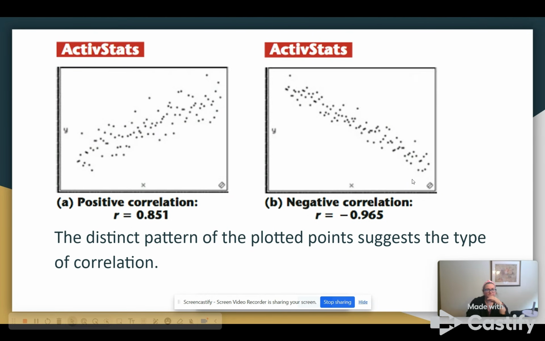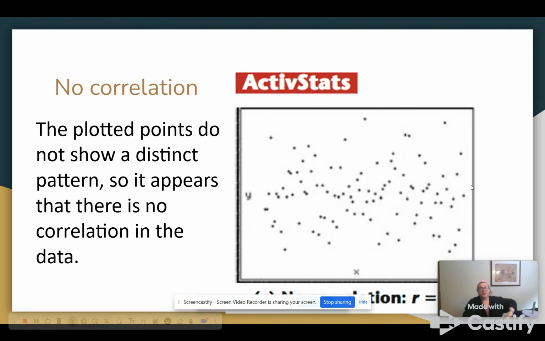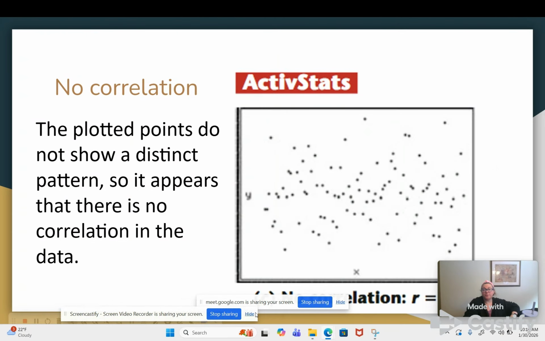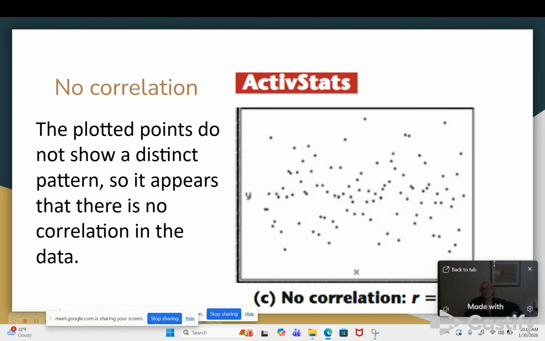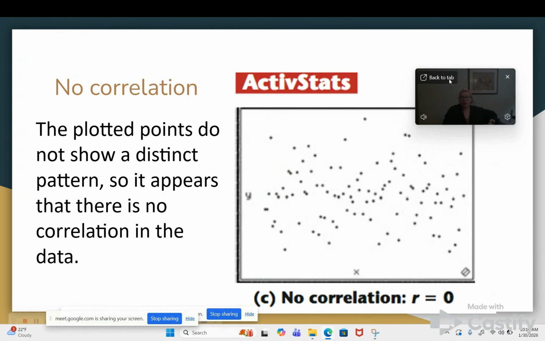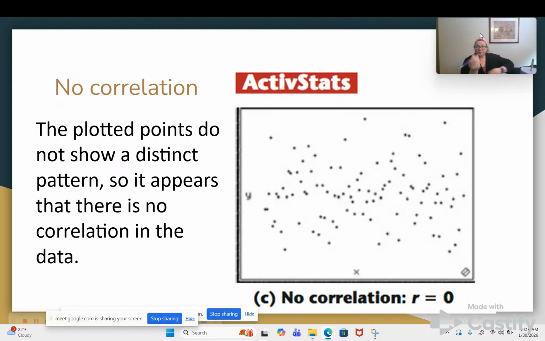Now, this example here is that of something with no correlation. So this is not going upward or downward. It has no trend. There's no correlation. And if you notice, the R here is 0, meaning that there's no correlation, because your correlation is going to be somewhere between -1 and 1.